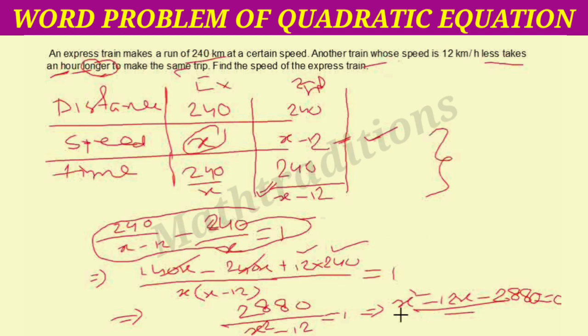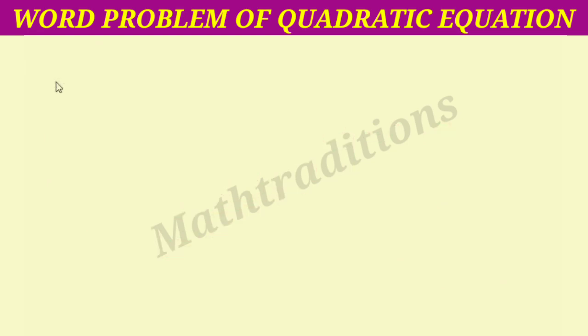Now the second part. So our equation is x square minus 12x minus 2880 equal to 0.